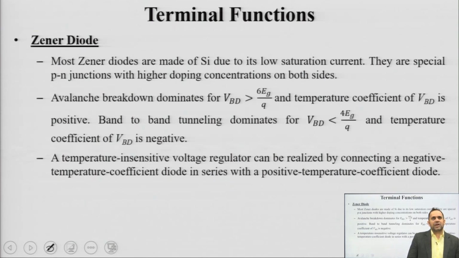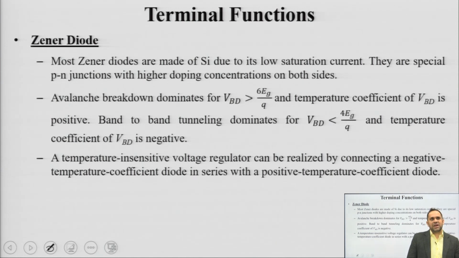Band to band tunneling dominates for breakdown voltage less than 4 Eg/q and the temperature coefficient is negative. So, a voltage regulator based on this information would be undergoing band to band tunneling. Breakdown voltages of a Zener diode as compared to a standard p-n diode will be lower in magnitude.